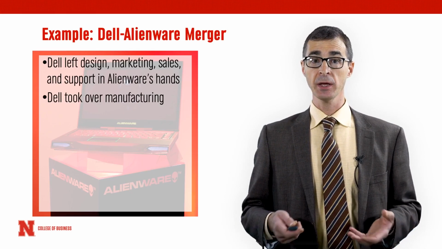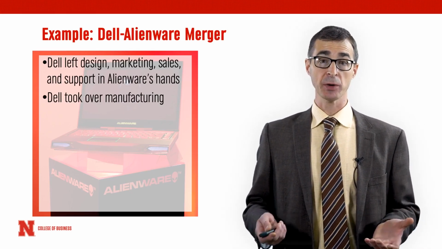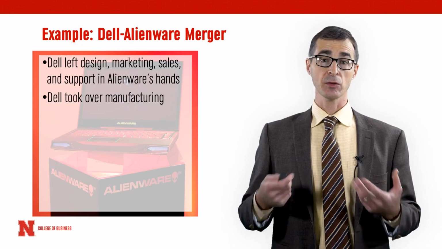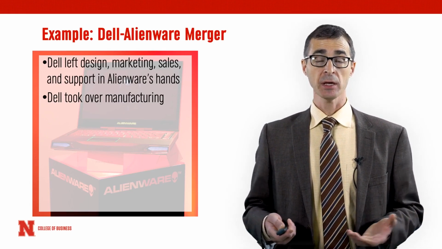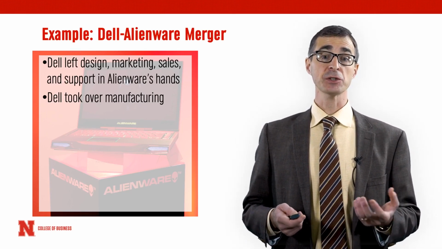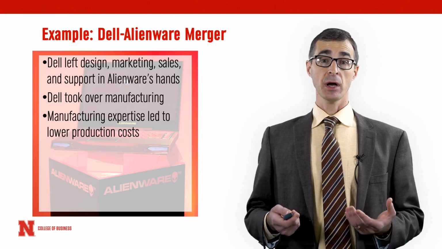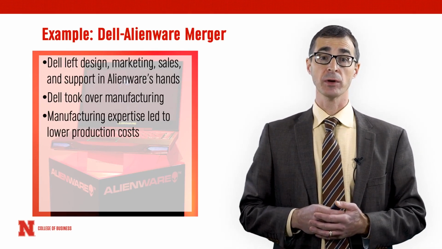Dell already had a sophisticated and advanced manufacturing operation, and they saw the process being used at Alienware and believed correctly that they could improve upon that and pull some efficiency gains out of the process by which Alienware's manufacturing was moved over to Dell.